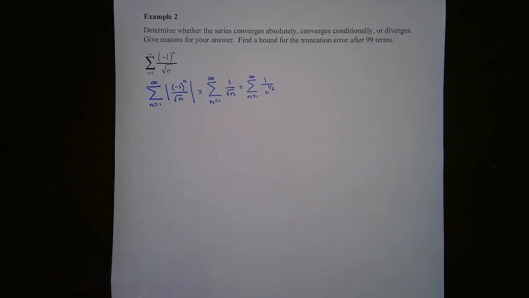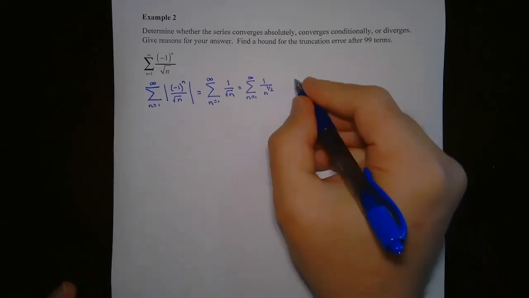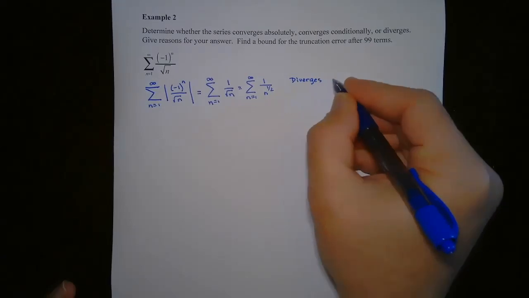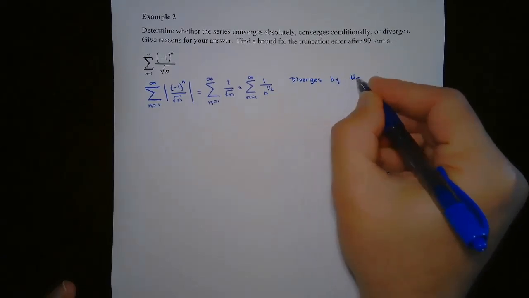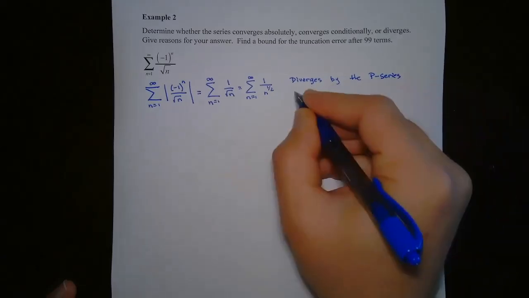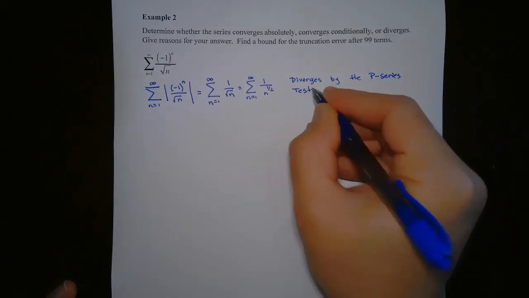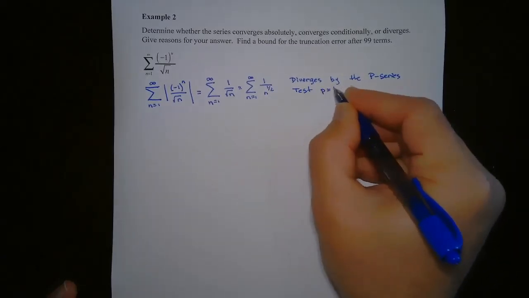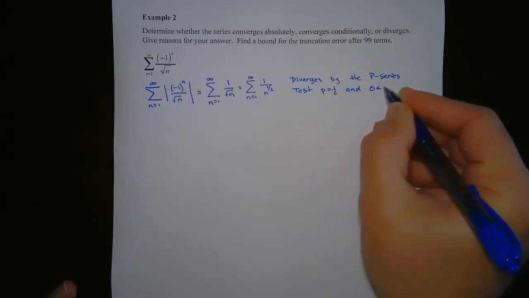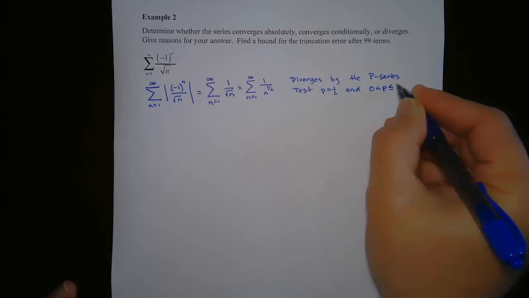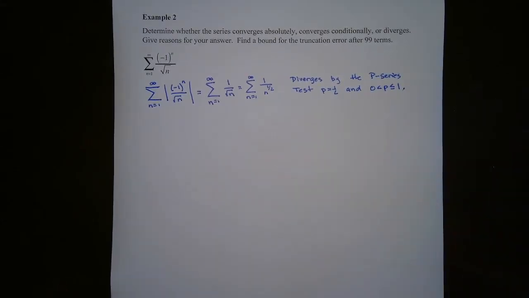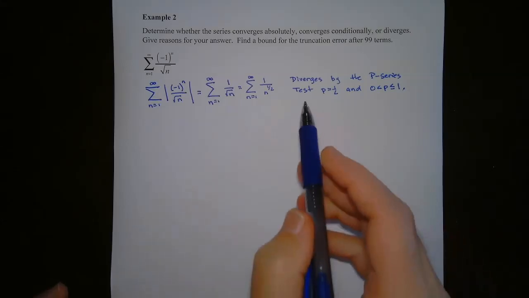So we automatically know that this series diverges by the p-series test, because our p is equal to 1/2, and we know 0 is less than p less than or equal to 1, so it's going to diverge. All right, so we know it diverges.